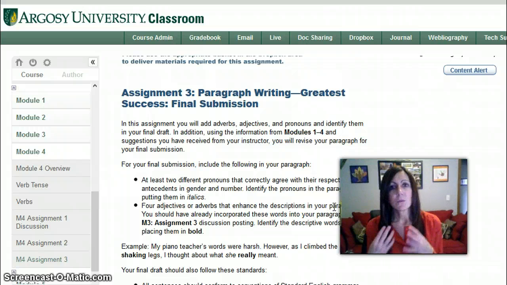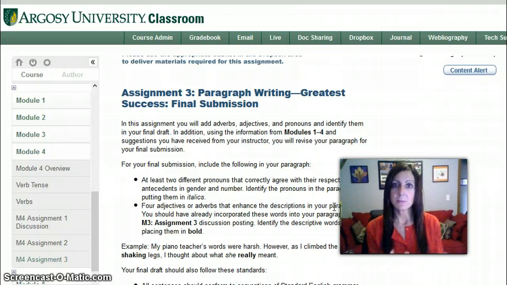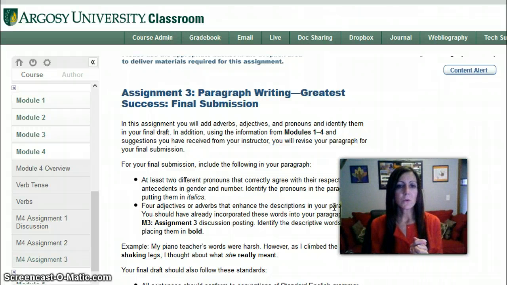And then in Module 3, in discussion, we took that same piece of writing and worked on adding some more descriptive language. So we added some adverbs, we added some adjectives, we identified those parts of speech. In week 4 now, for your final submission, you're going to take that same piece of writing that's been enhanced in all these ways, and you're going to include the following in your paragraph.